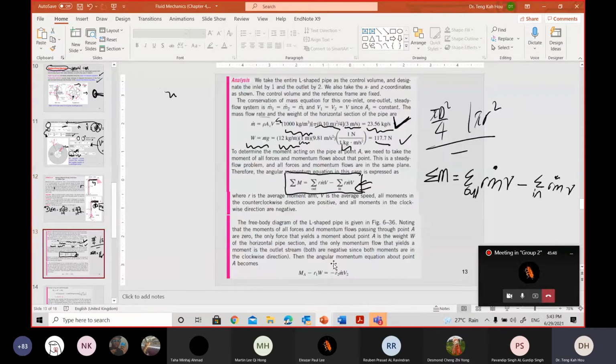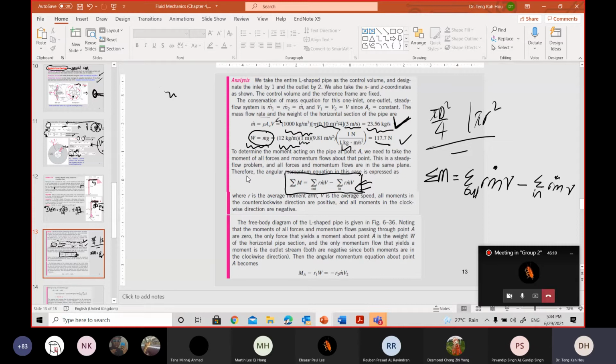When you do this case, you're going to consider your weights, where this contributes. And if you can recall in our linear momentum, when they consider your weights, they always consider them as inlets. Am I right?